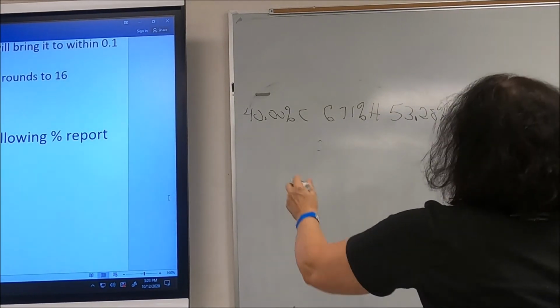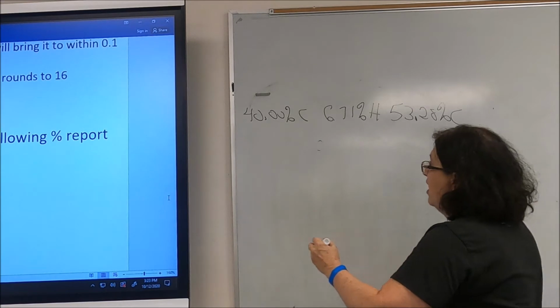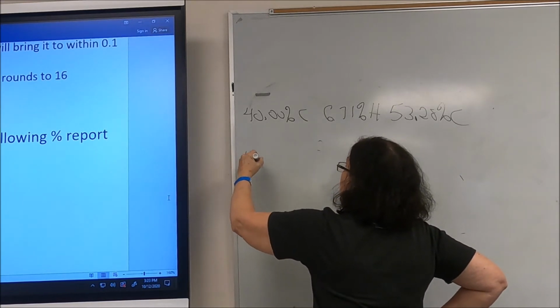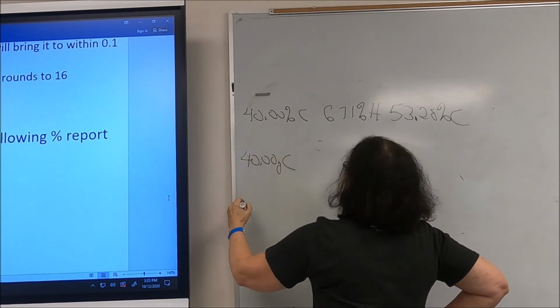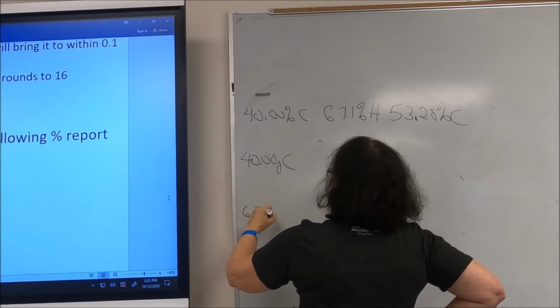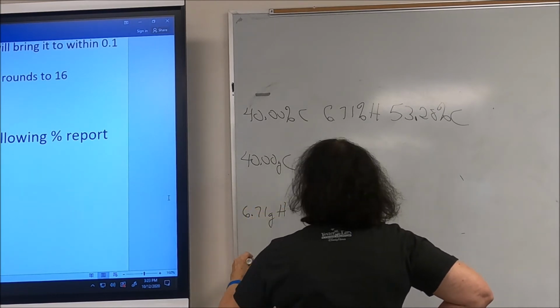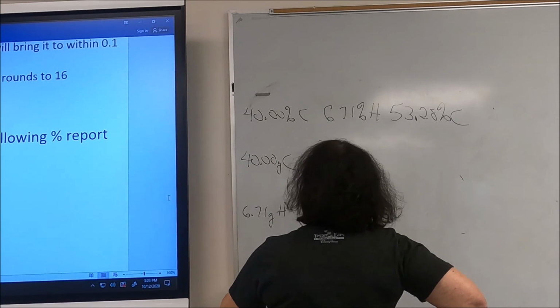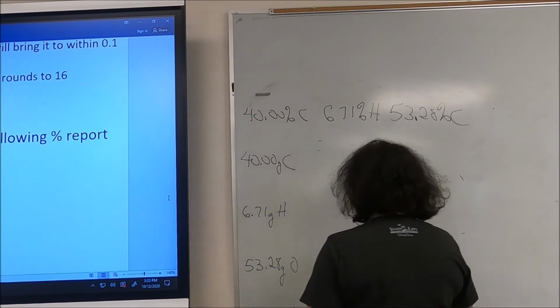I want to take the percentages off and just change everything to grams. So 40.00 grams of carbon, 6.71 grams of hydrogen, and 53.28 grams of oxygen.